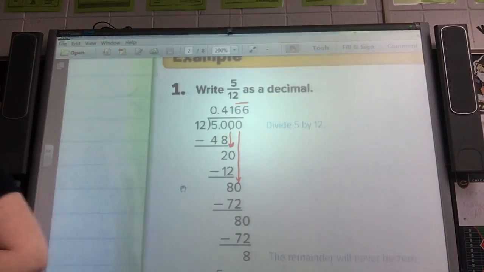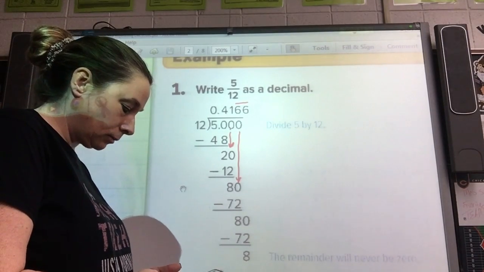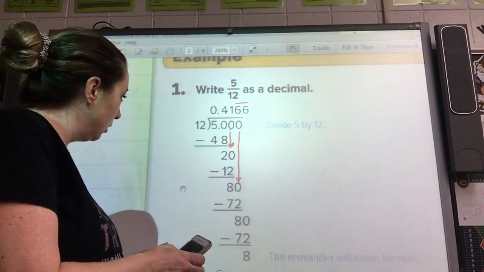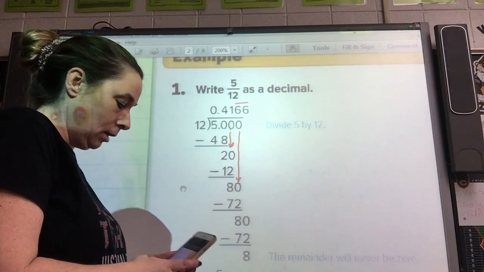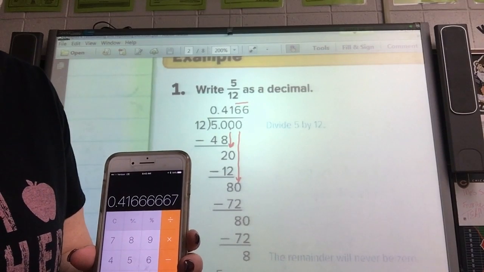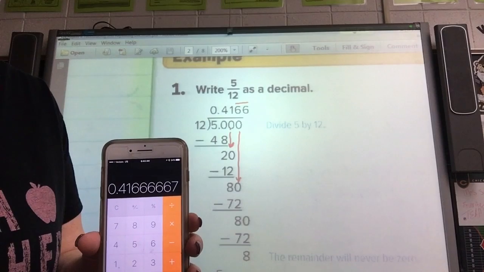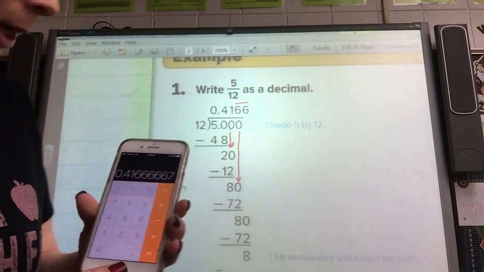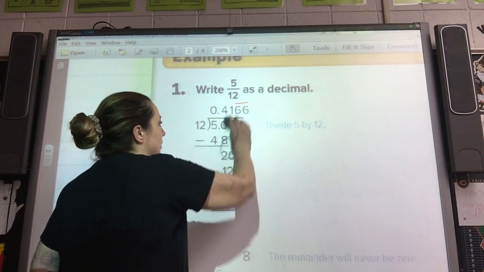If I brought up my phone, and I did 5 divided by 12, my bad, you're going to see that I get 0.41666666, and the calculator eventually rounds it to 7. But you can tell by how many 6s there are that it's a repeating decimal. Okay? So, basically what you have to remember is divide the hard way.